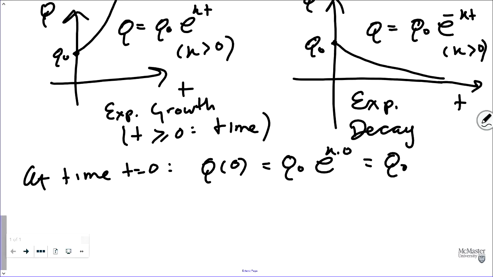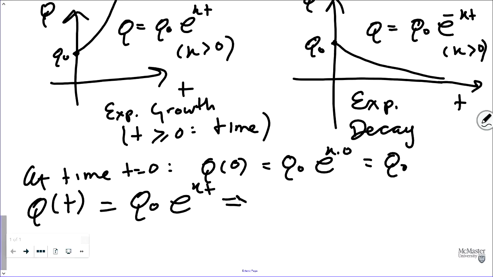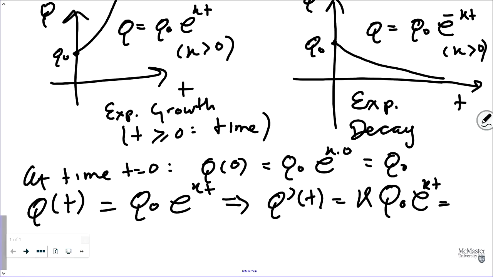And the second important piece of information is that perhaps this will be the first time that you will see a differential equation. So just to give an example, if you have a function of exponential growth, let's say that you take the derivative, right? So when you take the derivative, the k constant comes down, then you have k Q naught, exponential of kt, which is equal to k times the original Q.